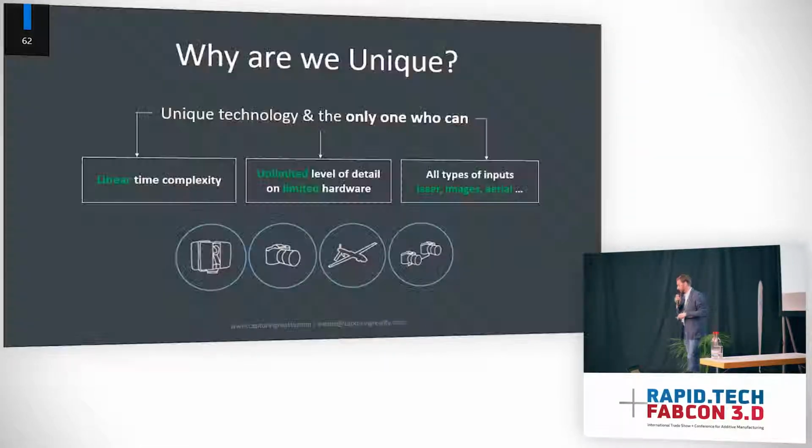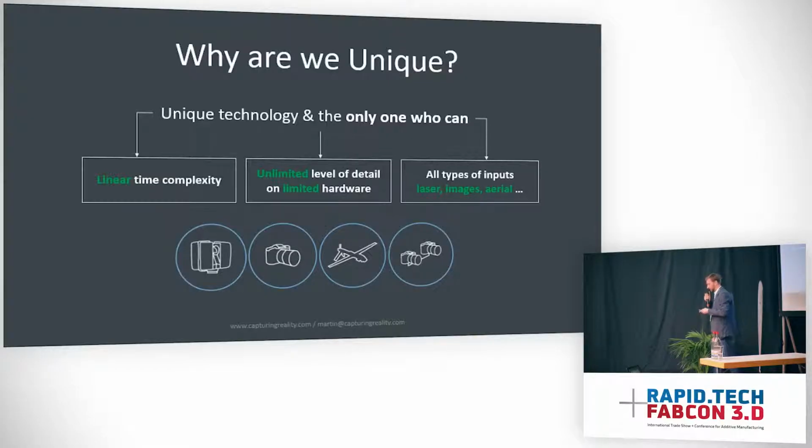Yeah. So this is RealityCapture, and the question is, why are we unique? What is the difference compared to what you have seen before? The thing is that we did a huge shift in technology. Our algorithms are linear in time complexity, meaning linear in time or in count of photos. So that's a huge step. We can do unlimited level of detail on limited hardware.